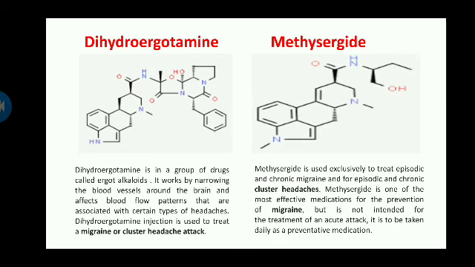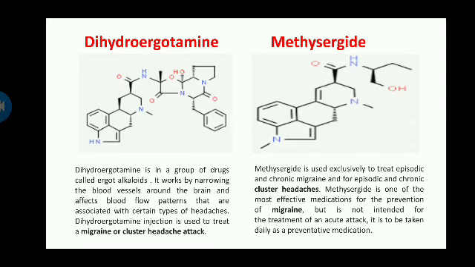Next one is dihydroergotamine. This is one of the alkaloids, that means ergot alkaloids. It mainly works by narrowing the blood vessels around the brain and affecting blood flow patterns that are associated with certain types of headaches. Dihydroergotamine injection is used to treat migraine or cluster headache attacks. These ergotamine alkaloids are mainly used for headache attacks.